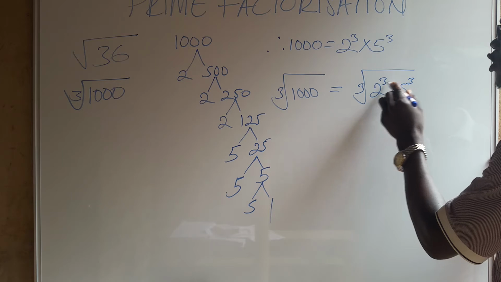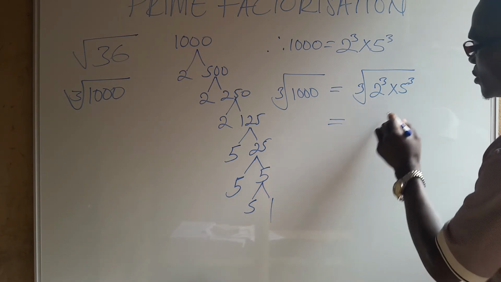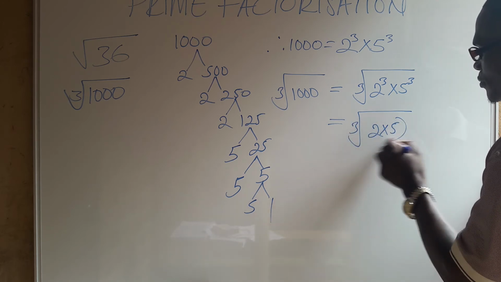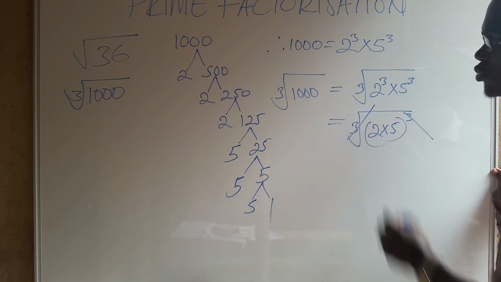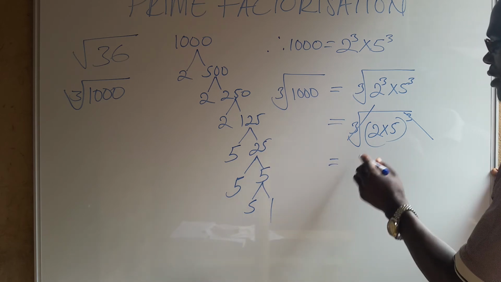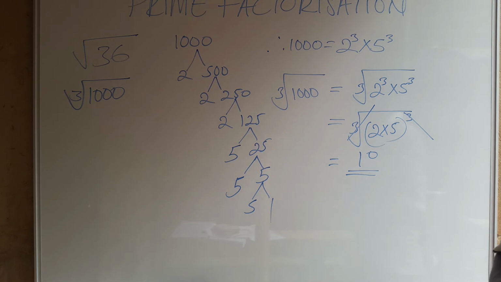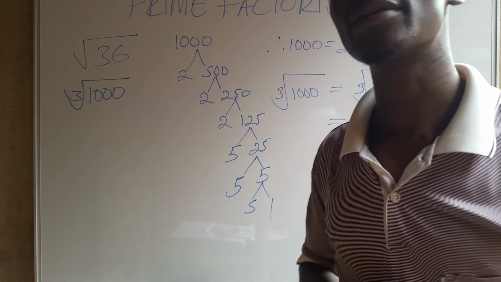Since they have a common power, we can factorize it out. And this power cancels with the cube root, so that we get the cube root of 1000 as 10. So that is prime factorization and how we use it to get the roots.